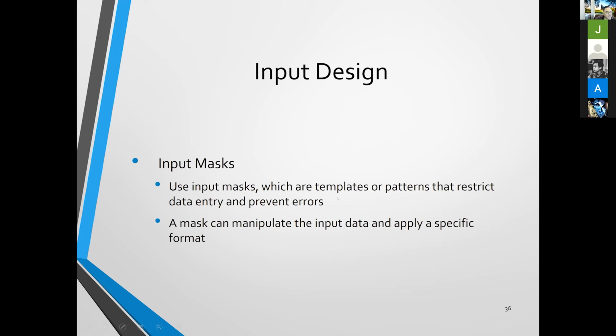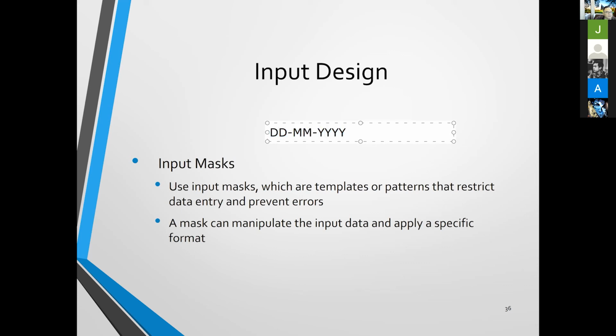The next one. After we have the guideline for the data entry screen, the next thing that you should know is that when the users enter the data, you may have an input mask as well. The input mask is the pattern or template that users can use to help them enter data easily and effectively, to restrict data entry and prevent data errors.